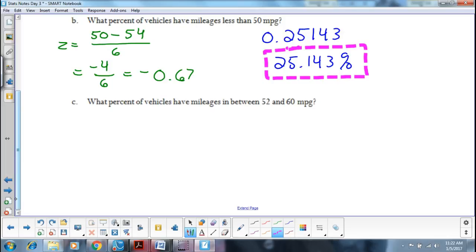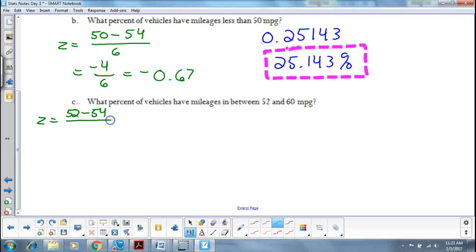Now we want to go in between them, right? So I'm going to have to find a z-score for 52, and that's going to be negative 2/6, so negative 0.33, right? Negative 0.33 goes to 0.37070.